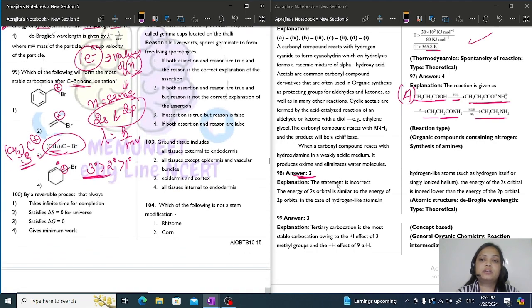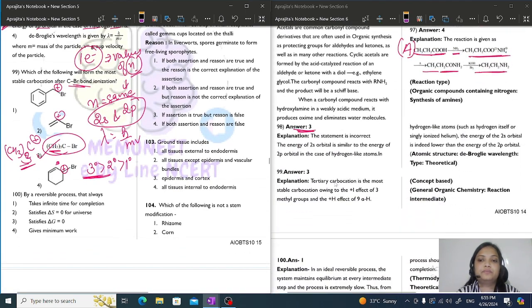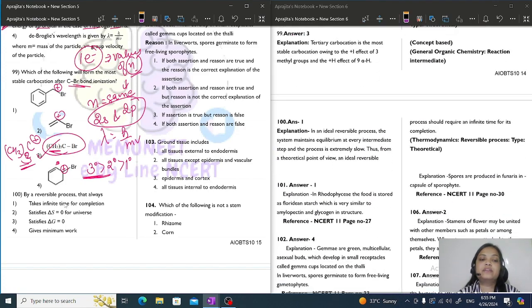Last question is the 100th one. We know that in an ideal reversible process, each step is taken in an infinitesimally small manner, an infinitesimally slow step.